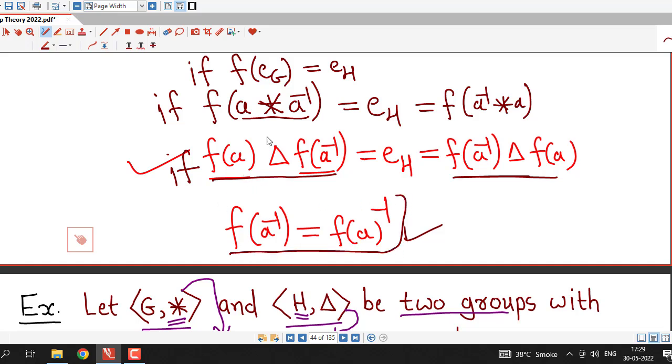To prove this, I have to prove that f(e_G) equals e_H. Or I can start in the reverse way. I can start from this.